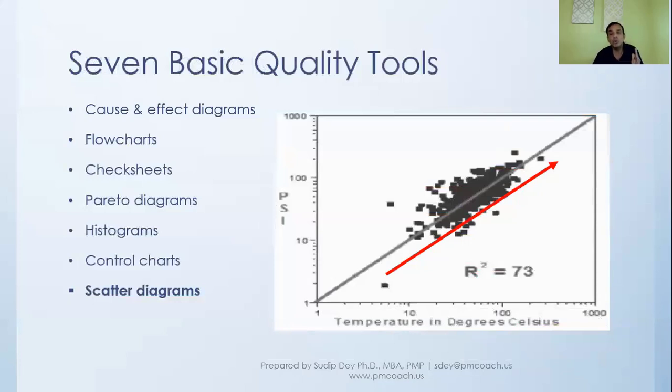For example, here we have drawn a scatter diagram of temperature and pounds per square inch, the pressure, and in a certain environment we are saying, as temperature increases, what is the pressure? This is just an example from a chemical factory, but it can be anything.